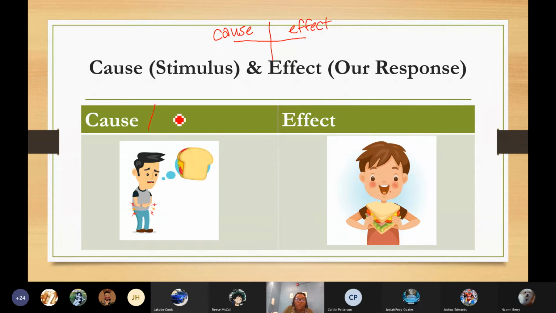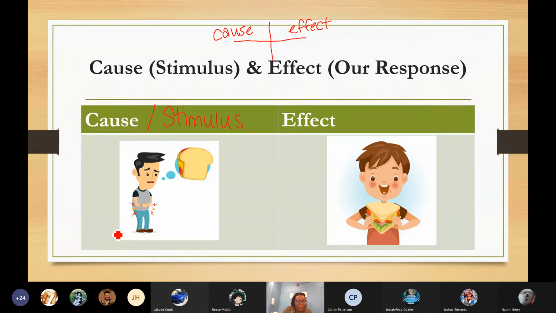Beside the word cause, you also want to write the word stimulus. Yes, a cause and a stimulus are the same thing. They're a change, okay? So the cause in this picture, you don't have to draw the picture, you can just write what I write here.